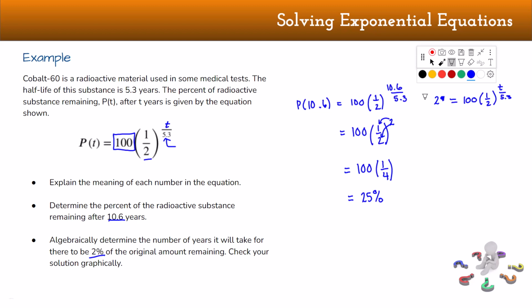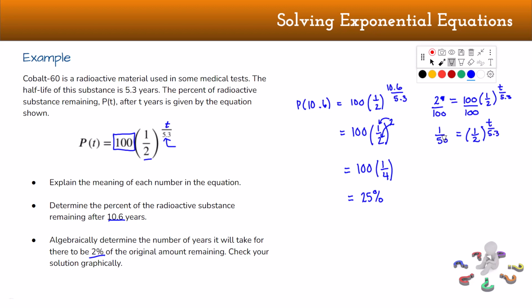Now what do we want to do to solve this? Well, we have a couple of options in this case. We can try and divide both sides by 100, which leaves me 1 over 50 right here, which leaves me 1/2 to the t over 5.3 here.